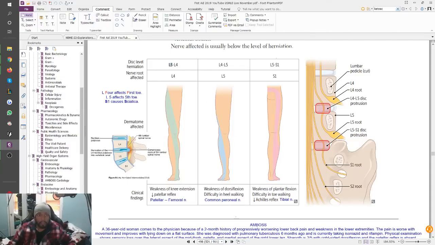Basically what you're looking at is the normal nerve path is this. This is your normal nerve, and that is your L5 nerve. And you see how this L4 disc came out and is compressing the L5 nerve. So every disc compresses the nerve below it. Very important to remember that.